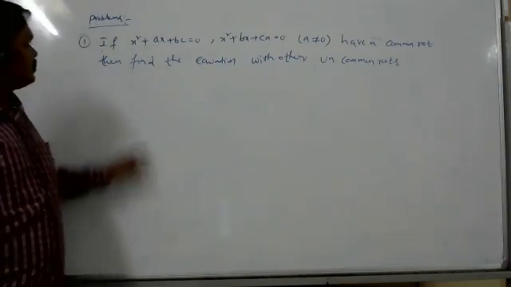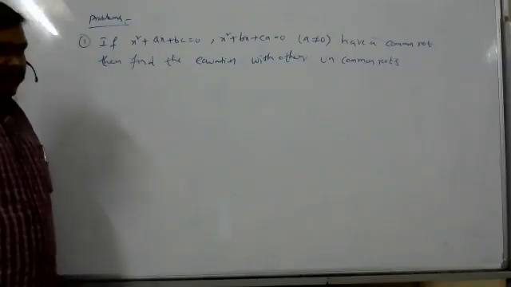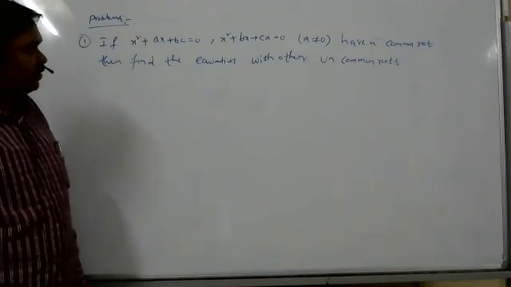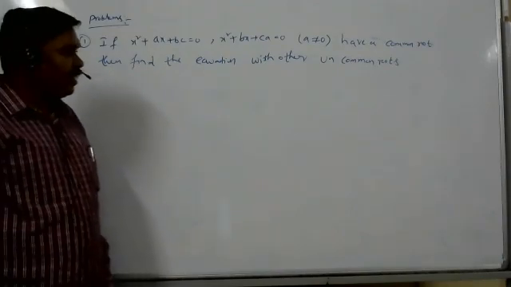If two equations are given, x square plus ax plus bc is equal to 0, x square plus bx plus ca is equal to 0, have a common root, then find the equation with other uncommon root.